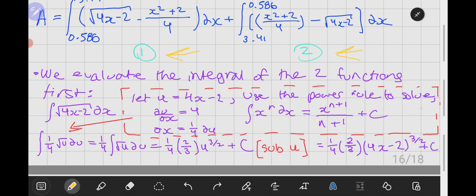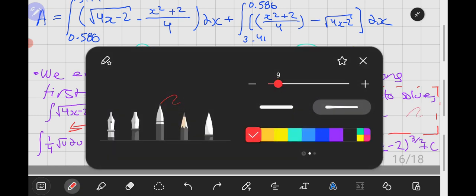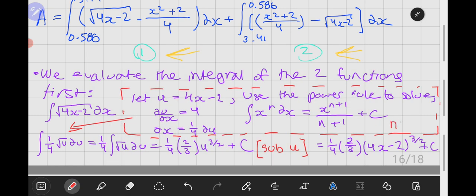Okay, and then we use the power rule here to solve our equation, where the integral of x to the power of n dx is equal to x to the power of n plus 1 divided by n plus 1, where, of course, in this case, when we have a square root, we know that n is equal to 1/2.